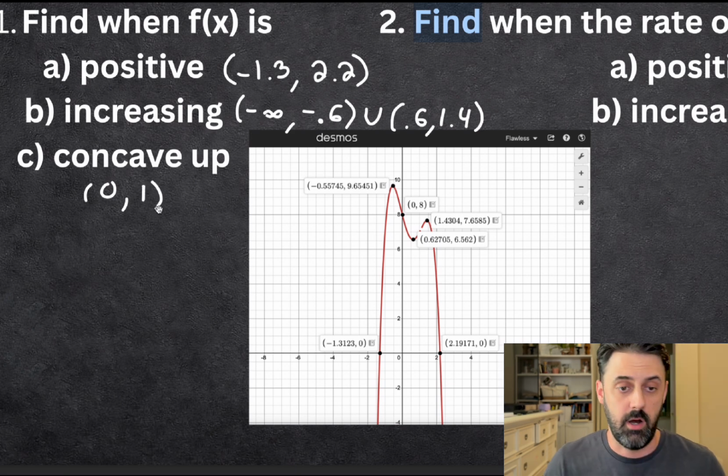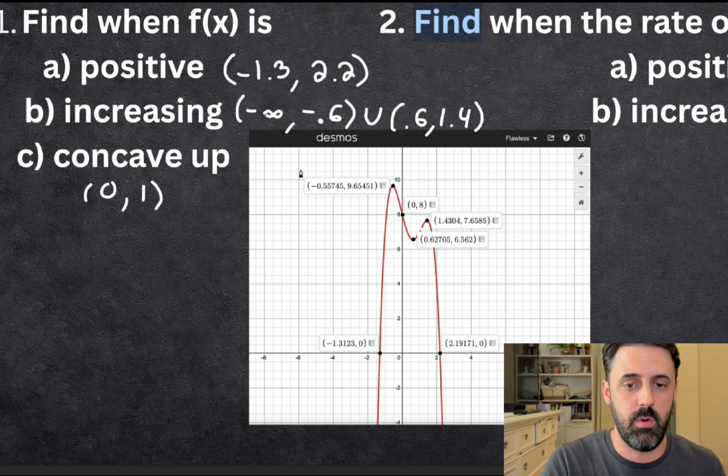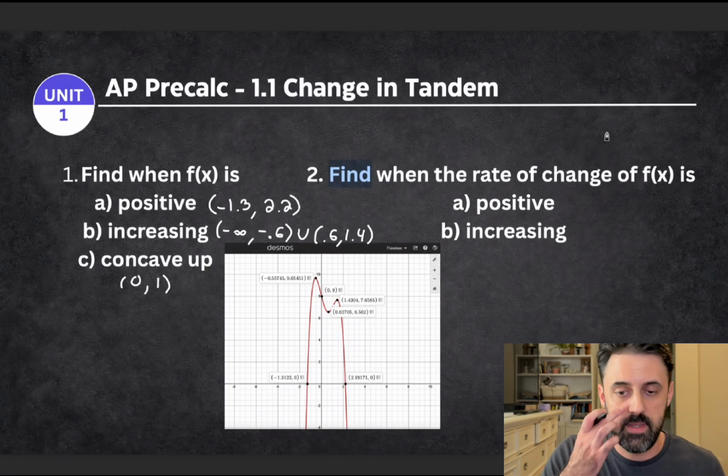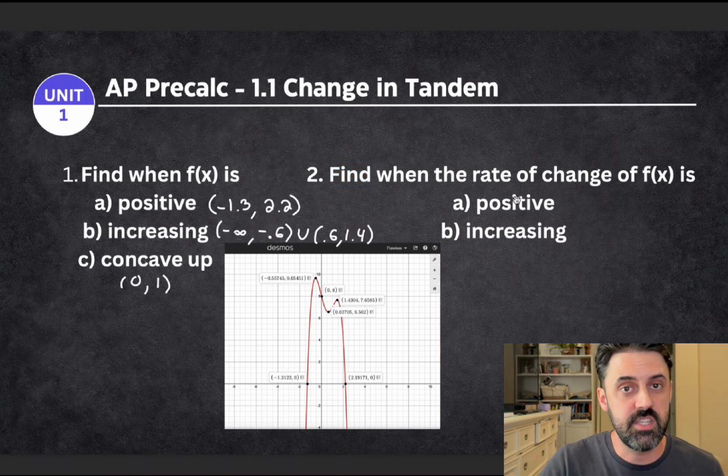All right, so again, all those questions were based on our ideas from yesterday's lesson, or from part 2 of this lesson. Part 3 now, we're looking at the rate of change of this graph. So it says find when the rate of change of f is positive, and then find when the rate of change is increasing. So a positive rate of change, all that means is that the function would be increasing.